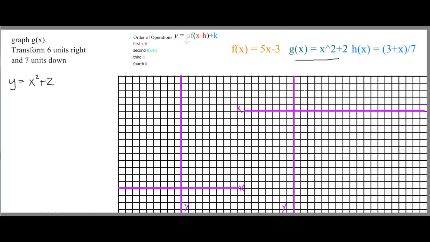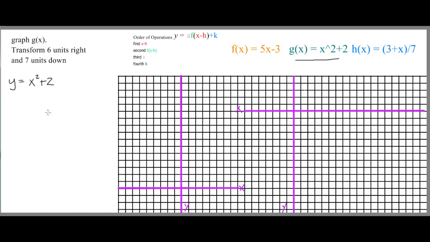This is the form that we're going to be dealing with. The order of operations says that x minus h must be done first, then we evaluate f, then a, and then k. So it must be in that order that we actually do our operations.